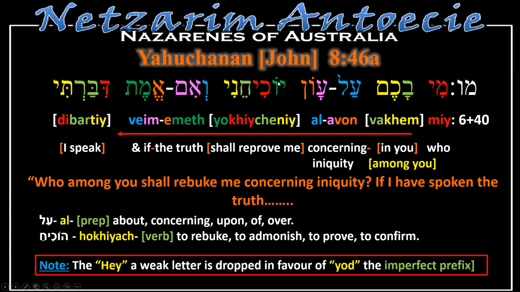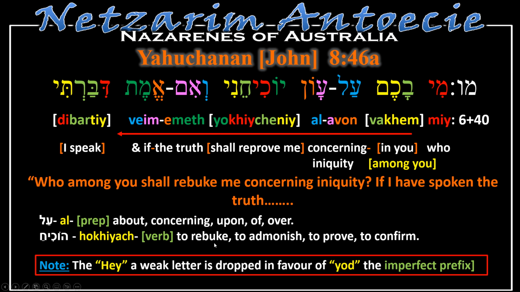And then we have yo ki he ni. Yokicheni, shall reprove me. So let's break that down a bit. The ni means me. And then we have yo at the beginning. Its root is ho. Kiach is the root word, verb to rebuke, to admonish, to prove, and even to confirm.